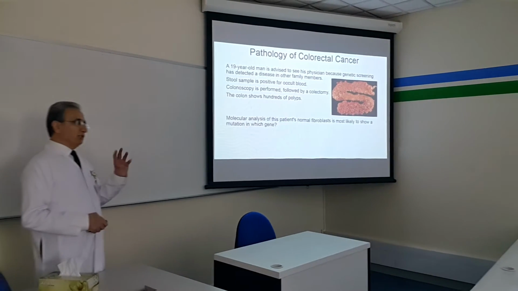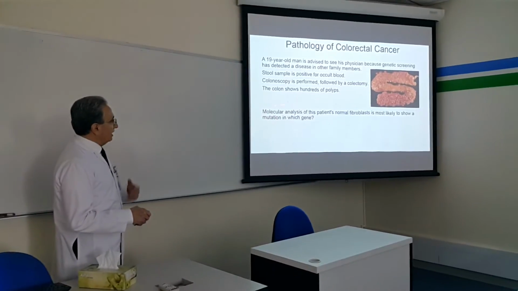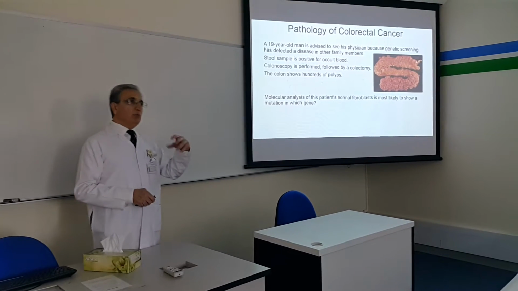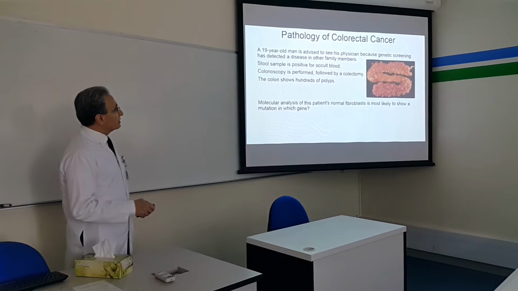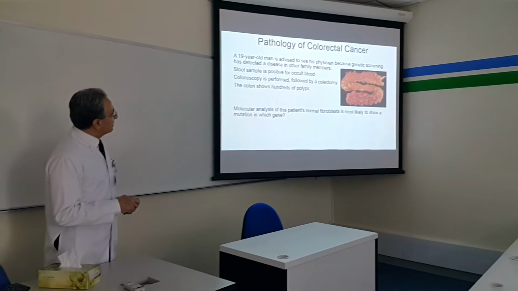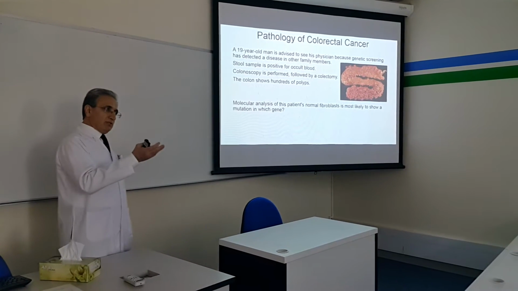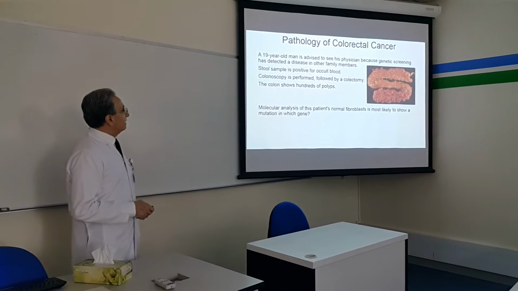So you can interpret now, or deduce, that there is a genetic problem, and there is a gene which has been mutated, which led to formation of these polyps. I hope you understand all of the words in the story. Occult blood means the presence of blood which you don't see by naked eye, but you can detect it chemically.